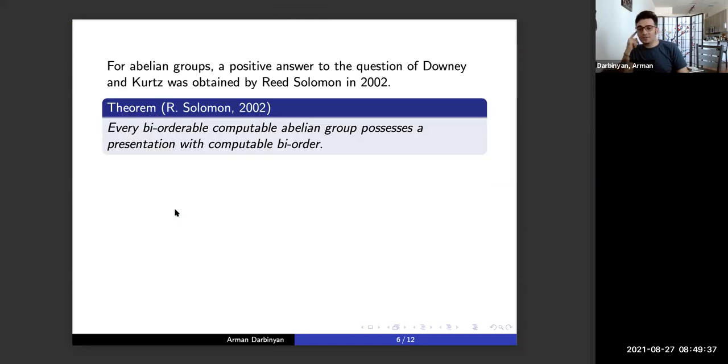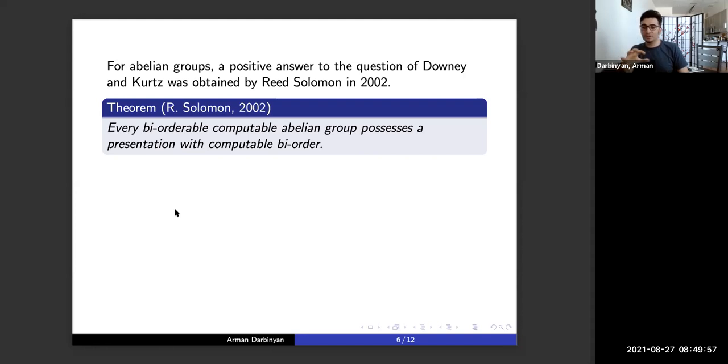And the first answer to this question for a particular subclass of groups was a positive answer by Reed Solomon. It's a theorem that says that every bi-orderable computable abelian group possesses a presentation with a computable bi-order.